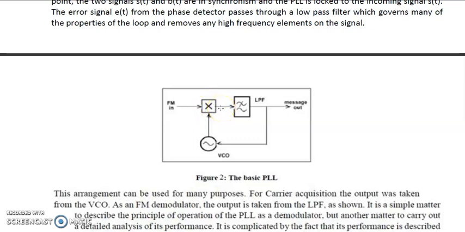Understood? So what is this closed loop? This closed loop is a feedback signal, and at the phase detector we compare two signals: number one is the frequency modulated signal and number two is the feedback signal.